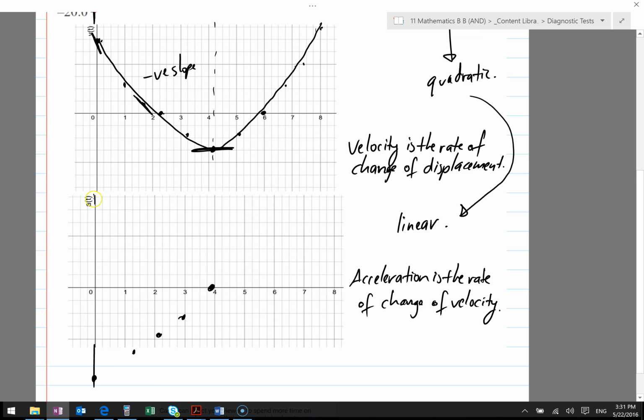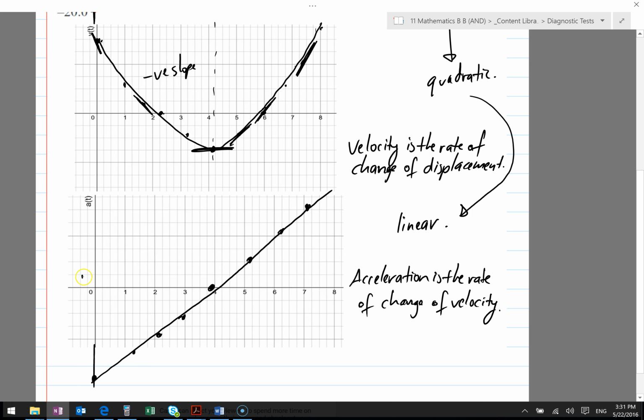Remember, this vertical axis is telling me the slope of the thing above it. As we go here, positive, increasing positive, getting even more positive as we go up. Positive, positive, even more positive in a linear fashion. Okay, so that'll be my acceleration graph.